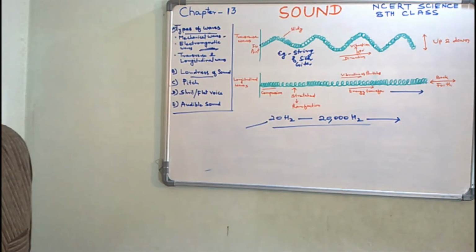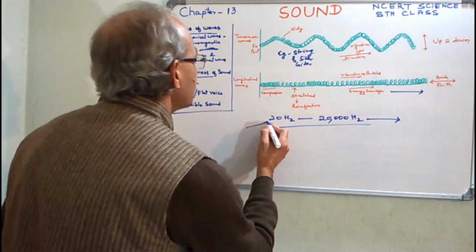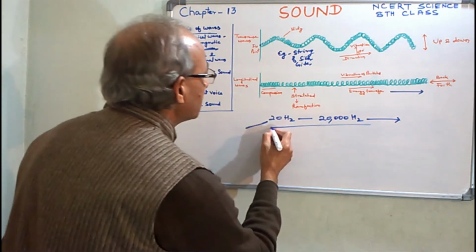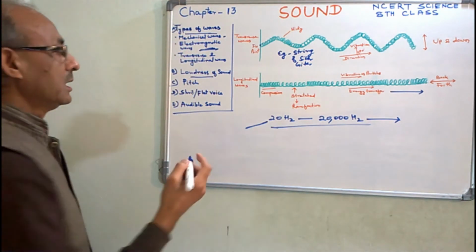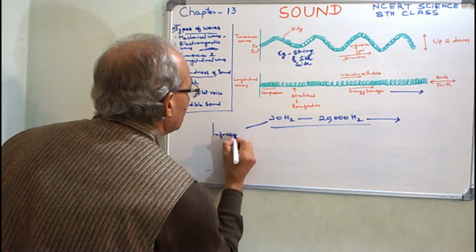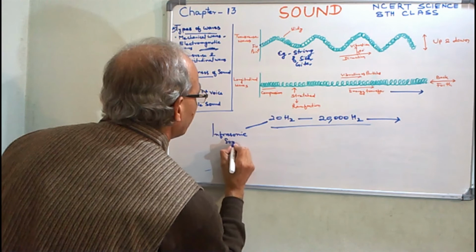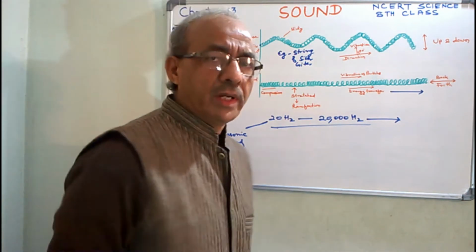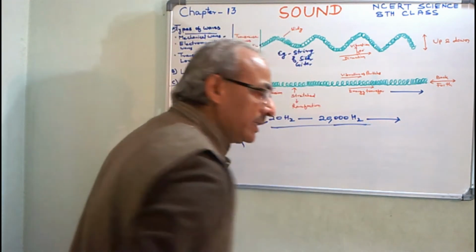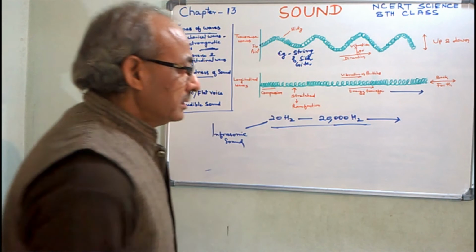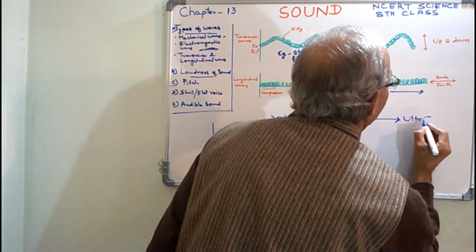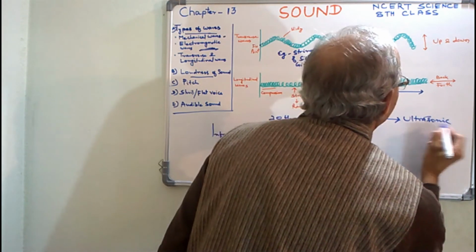we also can't hear. And the sound waves having a frequency less than 20 Hertz are called infrasonic sound. Clear? And the sound waves having greater than 20,000 Hertz frequency are called ultrasonic sound.